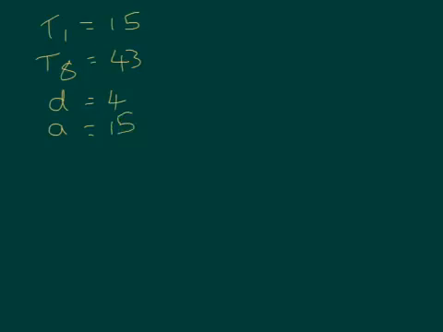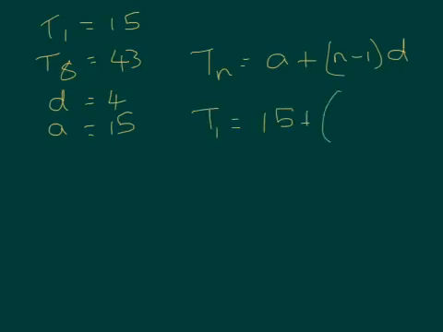So the next thing we have to do is use the formula t of n is equal to a plus n minus 1 times d. And we need to know what n is. Well, let's say we do the first term, which is t of 1. So t of 1 is equal to a, which is 15, plus n minus 1, so we go 1 minus 1 times d.